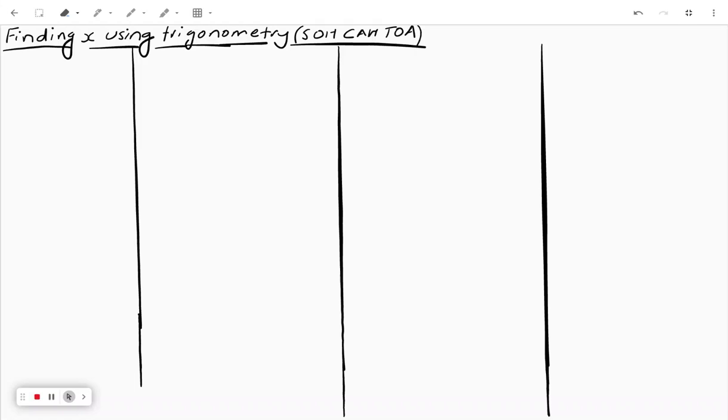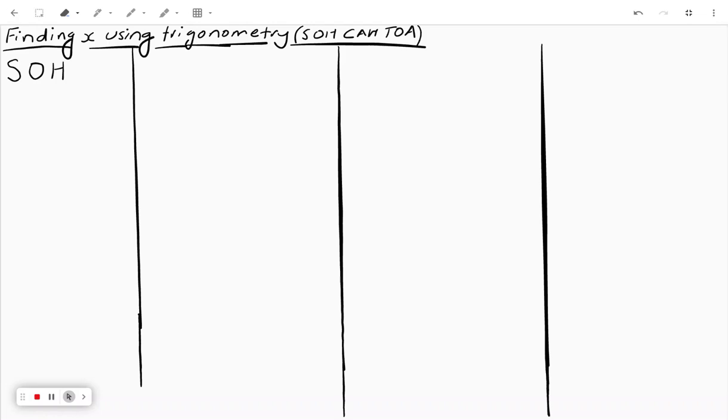Today I'm super excited to teach you one of my favorite topics ever, finding out x using the trig ratios. When I talk about the trig ratios, I am talking about three simple words. The first one being SOH, S-O-H.